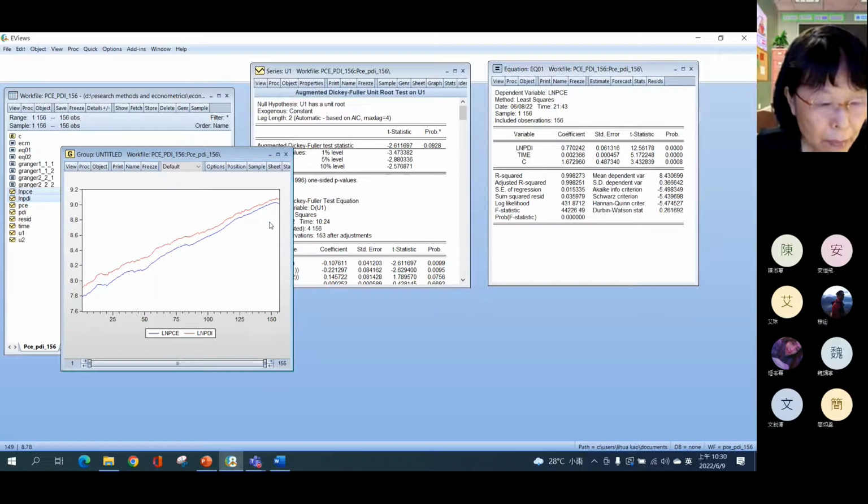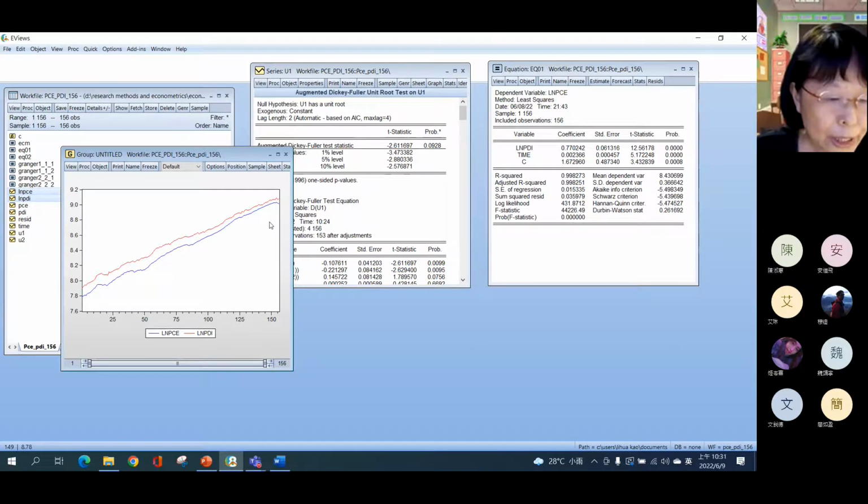So the difference between the unit root test and the co-integration test is that tests for unit root are performed only on a single time series, for example, individual LMPCE or LMPDI.